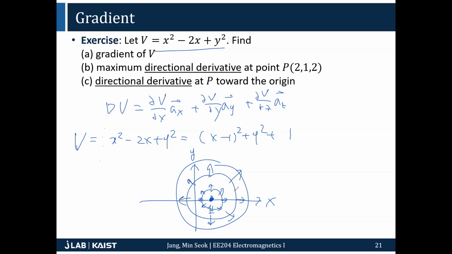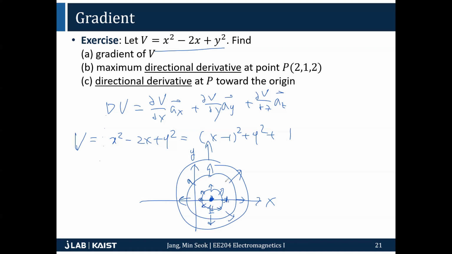It should be like this, and the magnitude should increase as you move further away because it's x squared. If you take the derivative, it should increase as you move further away. Now you are interested in the point (2, 1, 2).